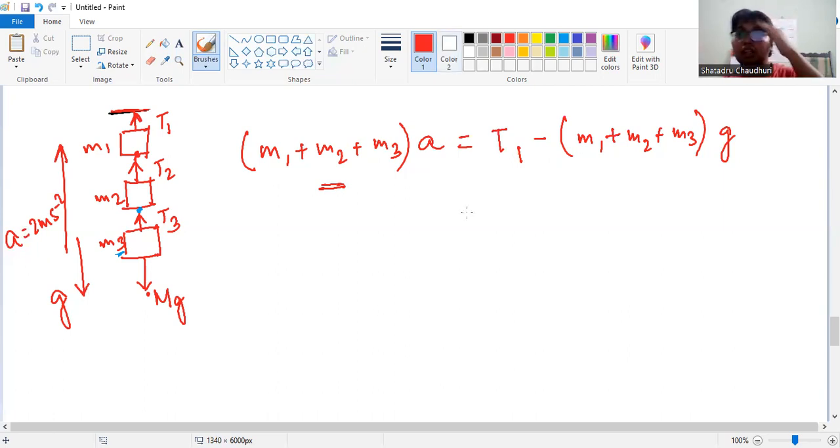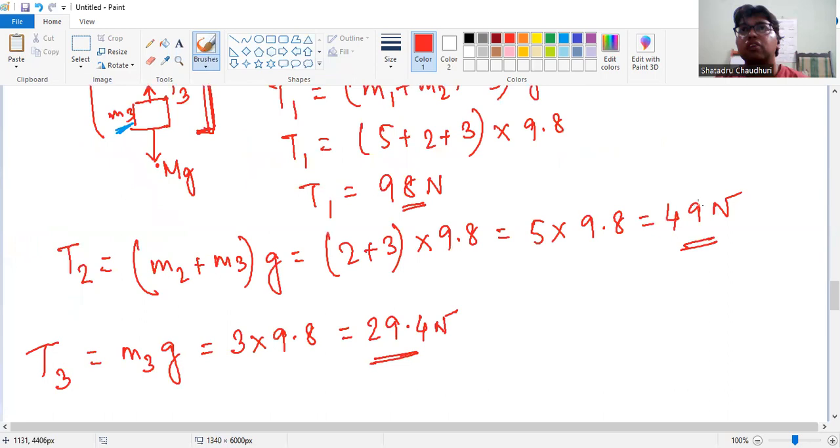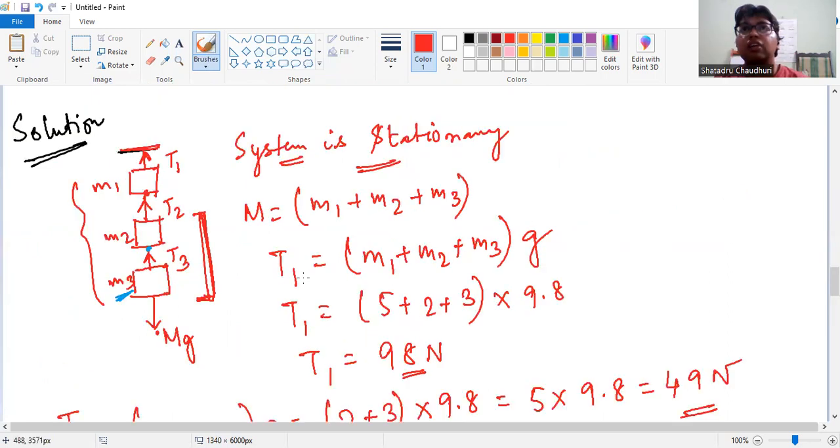If I once again go to the previous part, here we can see that T1 was equal to M1 plus M2 plus M3 because T1 minus M1 plus M2 plus M3 equals zero in this case. The force is exactly balancing the weight, capital Mg. So the action and reaction forces are exactly balancing each other.